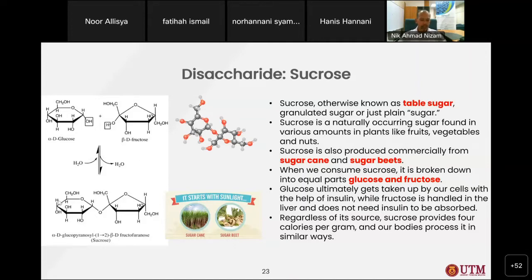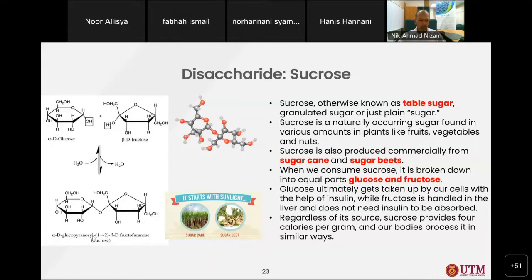If you see this diagram here, it is a combination of alpha D-glucose. You know that it is an isomer, D-glucose. The alpha is at this position, and this is carbon number 1, and it will combine with the beta, which is in this form, CH2OH, at carbon number 2.